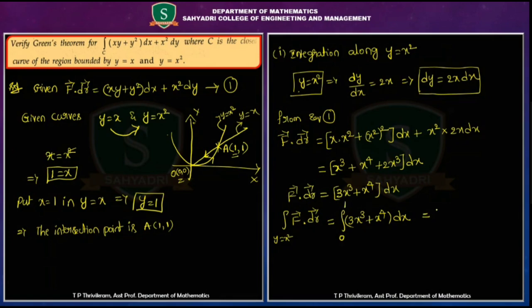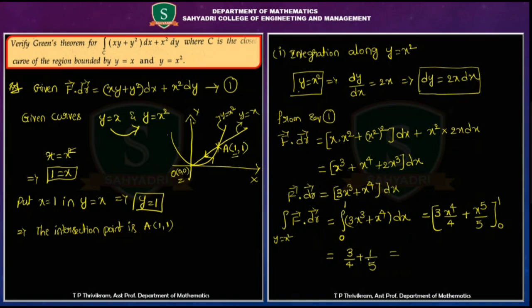So how much you'll get? 3 into x power 4 by 4 plus x power 5 by 5, having the limits 0 to 1. So this one is equal to 3 by 4 plus 1 by 5, if you substitute x equal to 1 here, minus 0 you'll get.